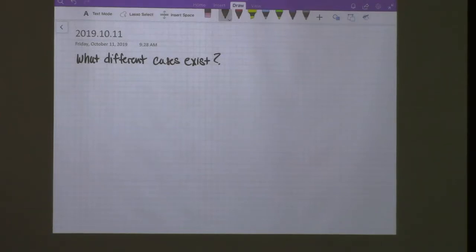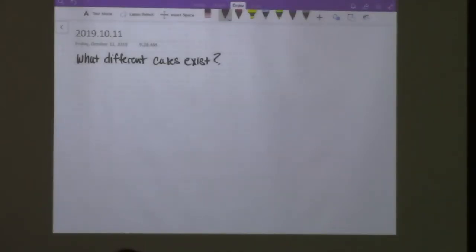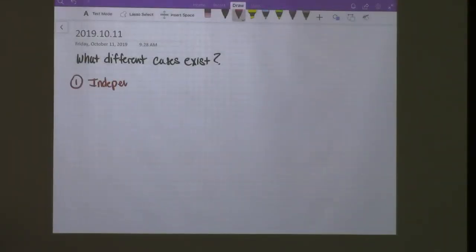The base case was just independent current sources. That was not necessarily even the easiest one to do, but it was the starting point. It was how we defined our by inspection method, and then we branched out into others. So for mesh analysis, the base case is going to be where we have independent voltage sources only.